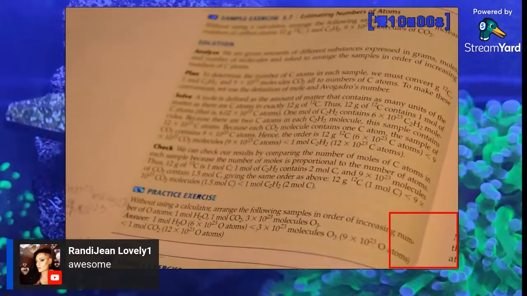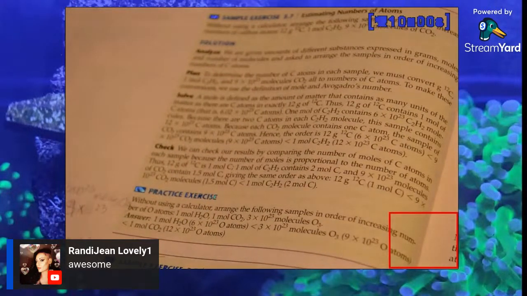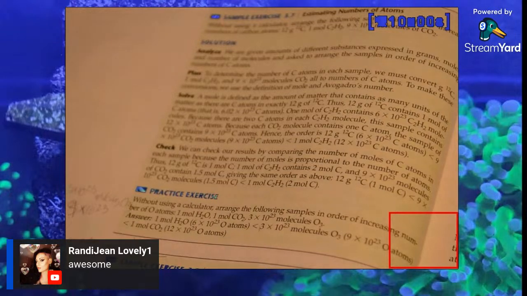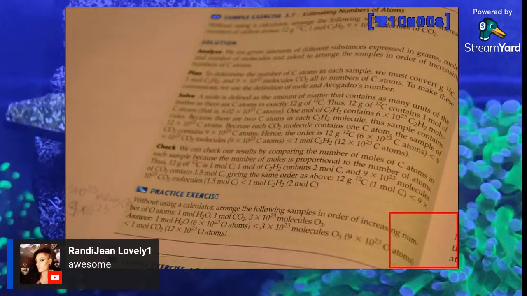And we didn't solve it, but I'll just write the answer that they gave us. So they put it in order: 12 grams of carbon is the smallest.